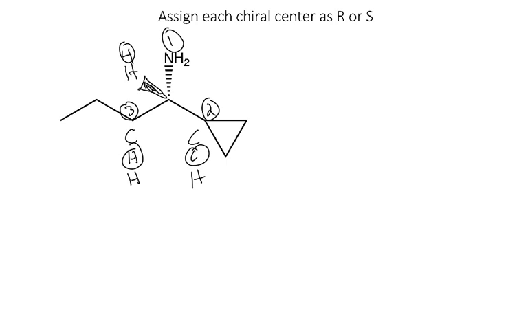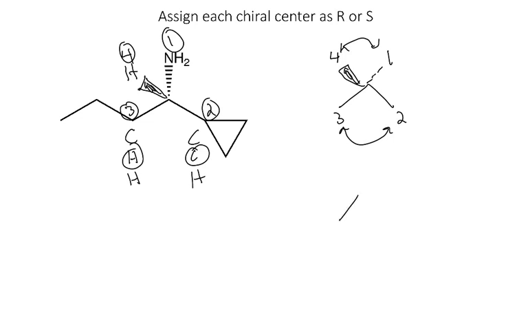But now here's where we're going to have to rotate, because in this example, my priority 4 is not in the back. Now rather than redrawing the whole molecule, which would be kind of a pain, here's what we're starting with. I've got 2, 3, 4, 1. So if I switch 4 and 1 and 2 and 3, then I'll have done 2 switches, and that will allow me to assign the configuration of this molecule.